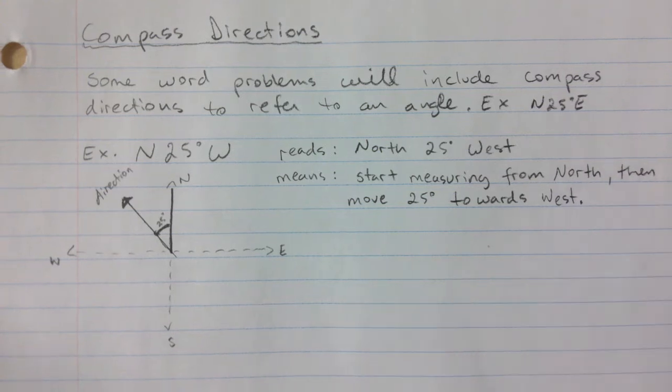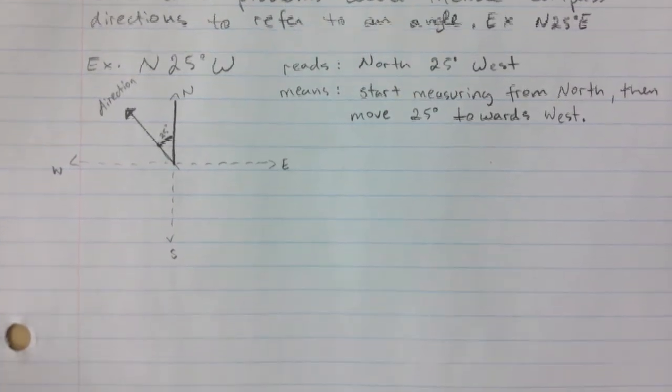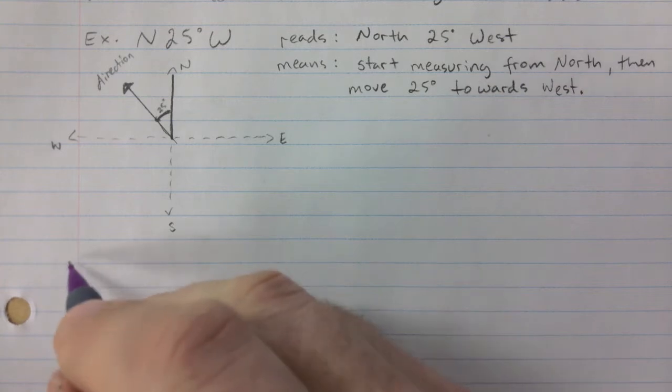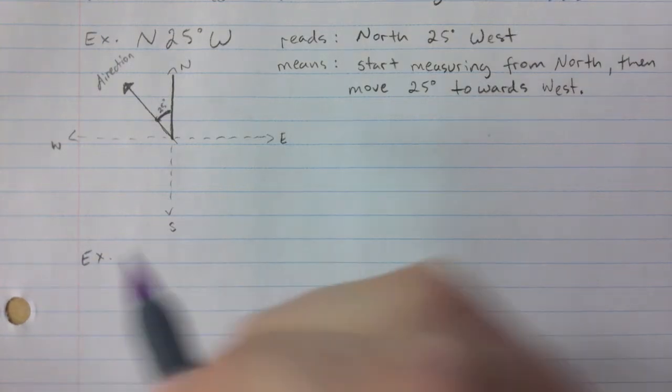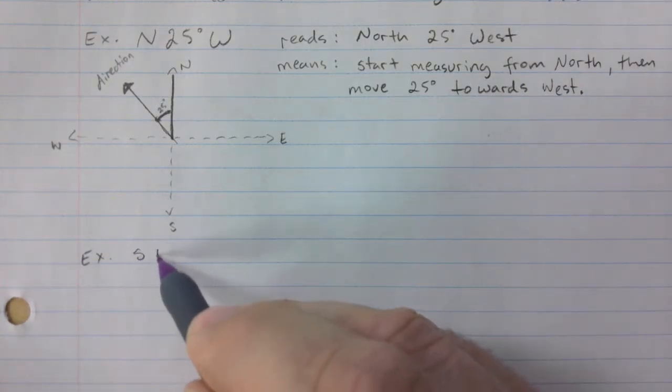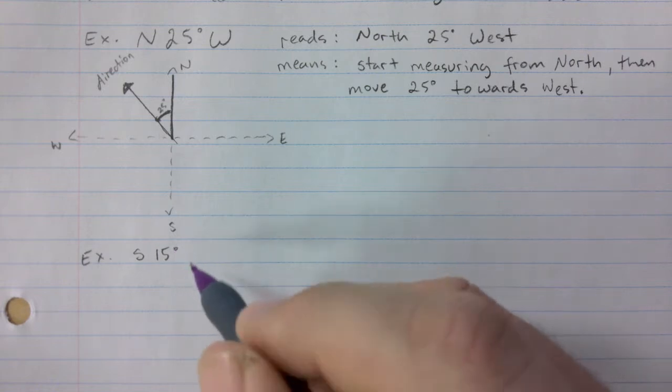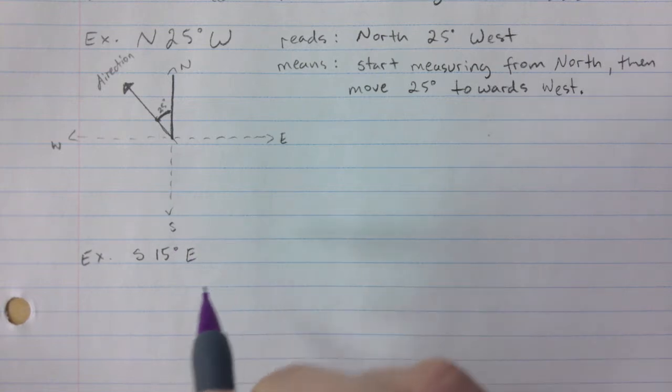So we're going to do another example here. South 15 degrees east.